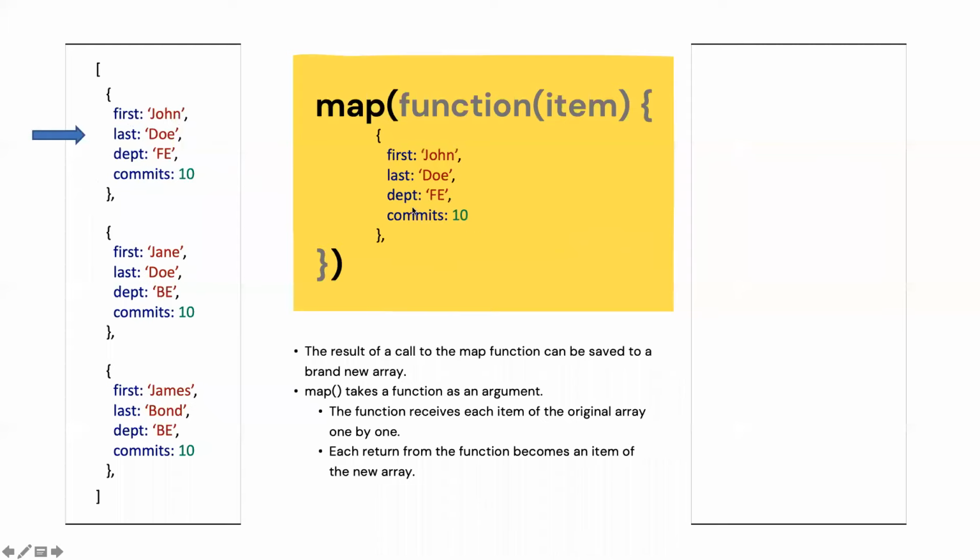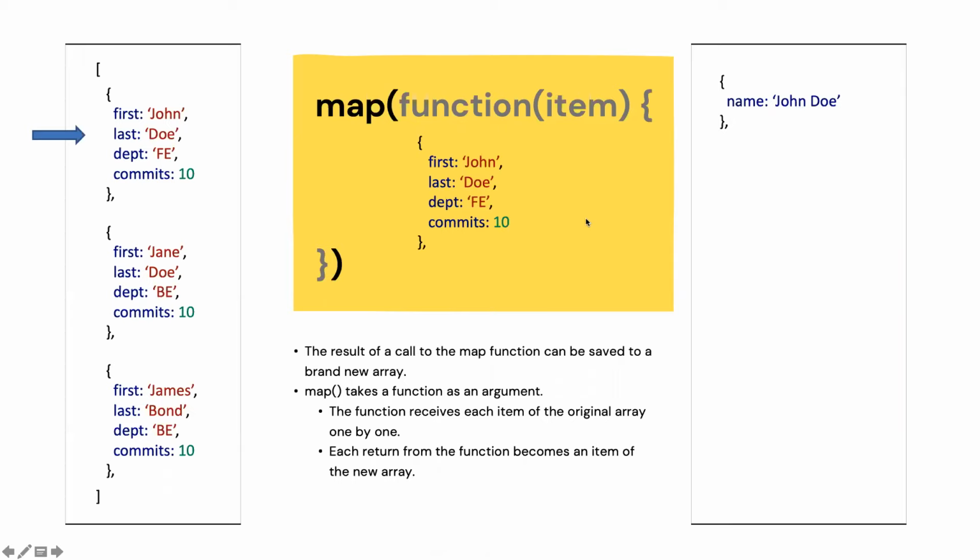So it receives the first item, and then based on the logic written in the function, suppose we have written that we need to return the first and the last name, it will do the processing and return the name in which we have concatenated the first and the last name. So this is the mental model behind the map function.